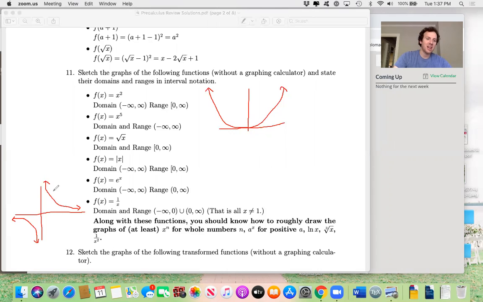Exactly which points it has, I'm not going to worry about too much, but being able to quickly recall these basic sketches will help us, because it'll be good to have a picture in mind when we're asking some algebraic questions. Okay.